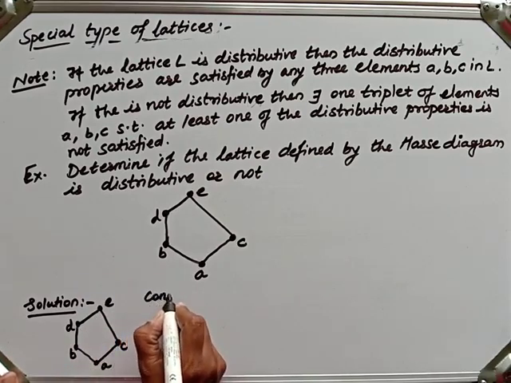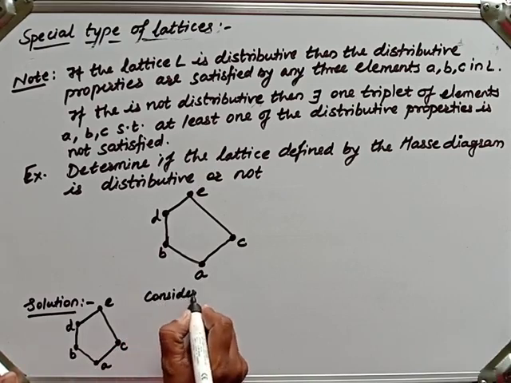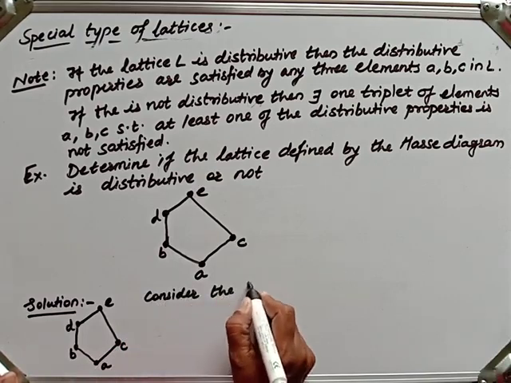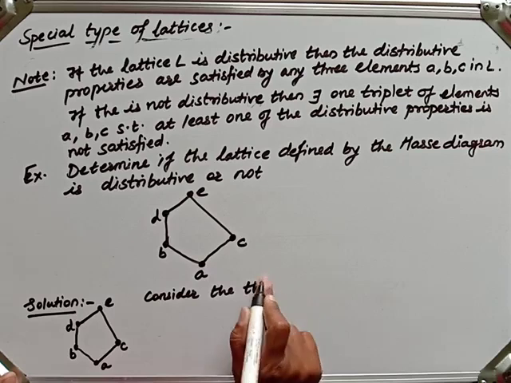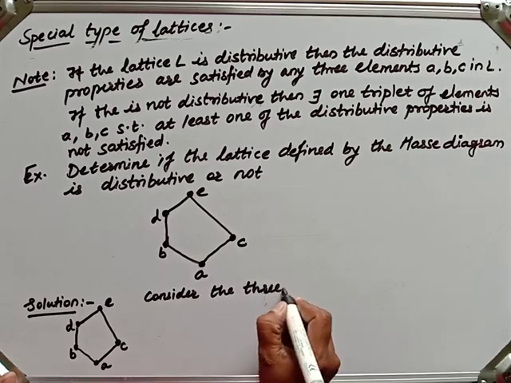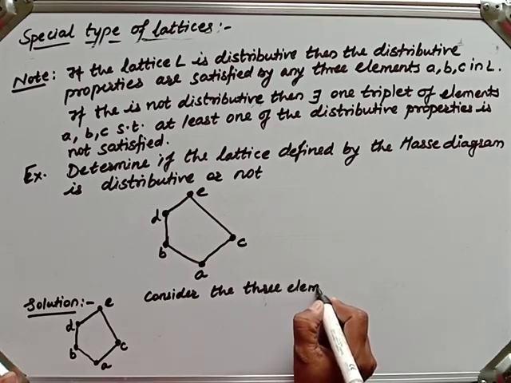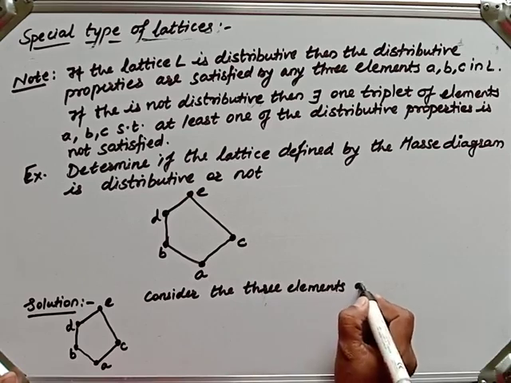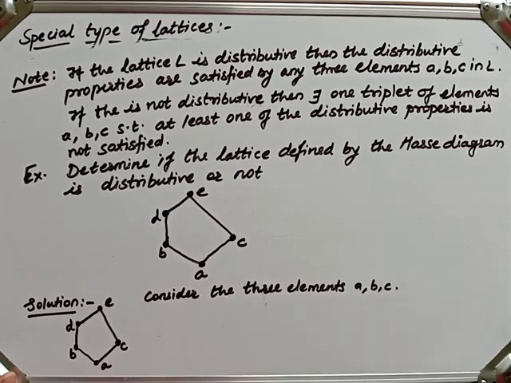Consider the 3 elements. Triplet means what? 3 elements A, B and C. Let me check whether the distributive property holds for these 3 elements or not.